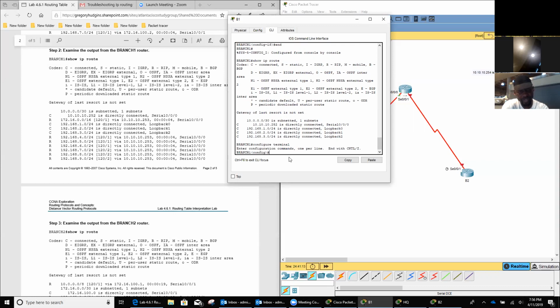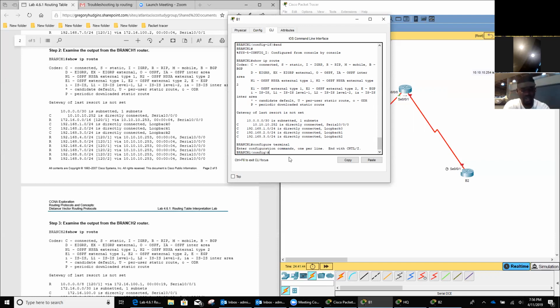So when it sees a 10 dot address, it assumes it's a class A, right? So that's why it shows you 10.0.0.0. But then when it looks at the actual interface, it sees that you configured it for /30, and that's why it says /30, right?